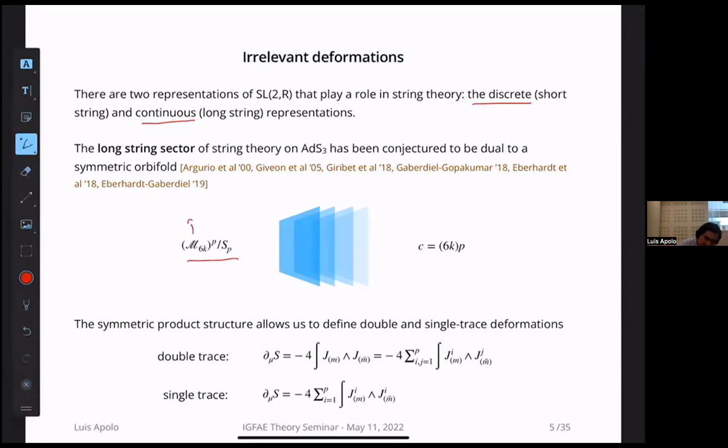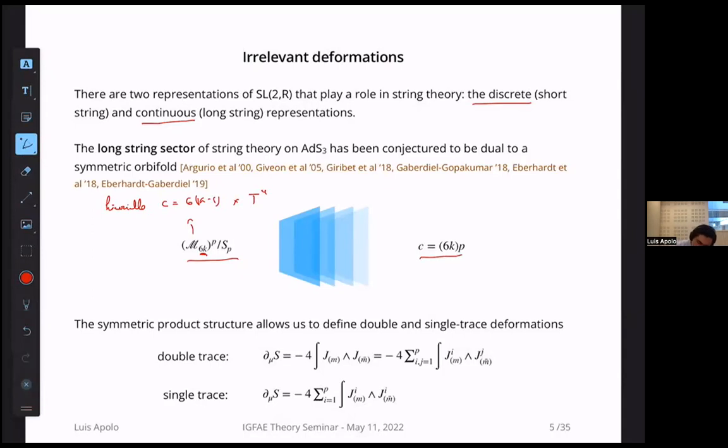This M is the seed theory, which for the background that I showed you before is conjectured to be Liouville with central charge 6k-1 times the sigma model on T4, so that the central charge of the seed theory, this M, is 6k, and the full central charge of the symmetric orbifold is just 6kp.